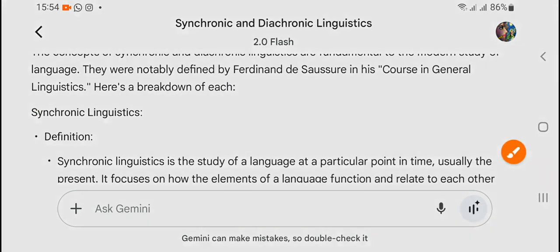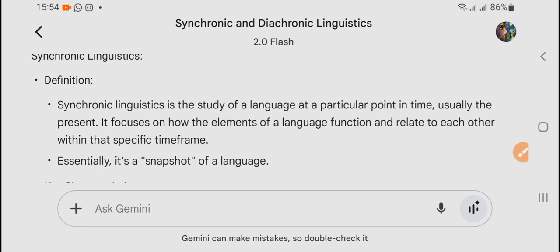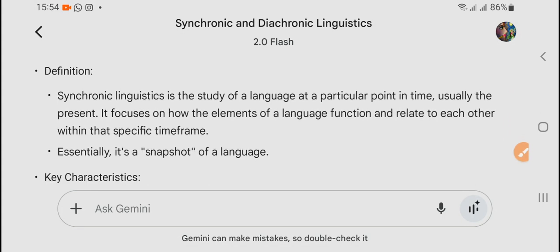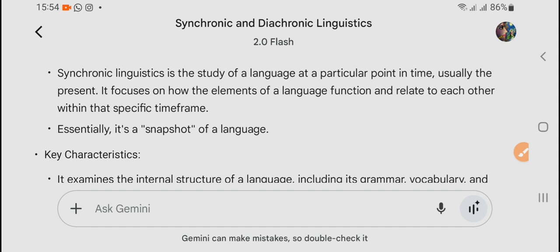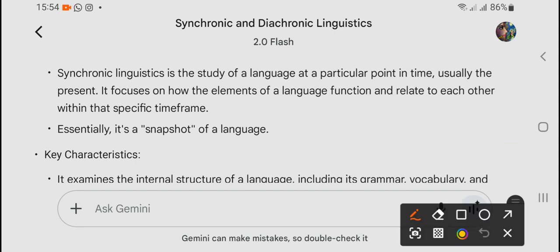Now, synchronic linguistics. Synchronic linguistics is the study of language at a particular point in time. When we study any language at a particular point in time, it is called synchronic linguistics.